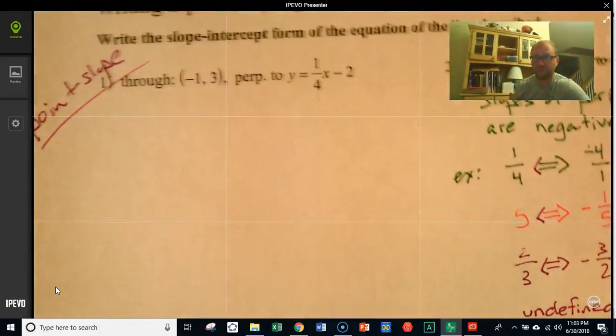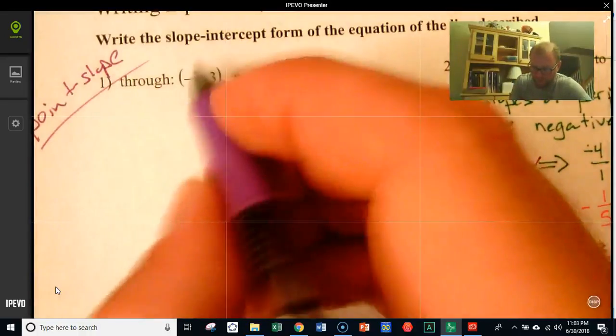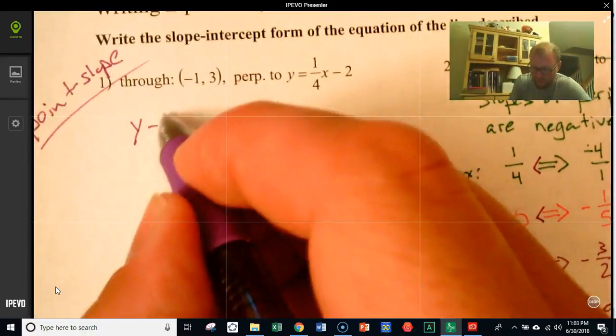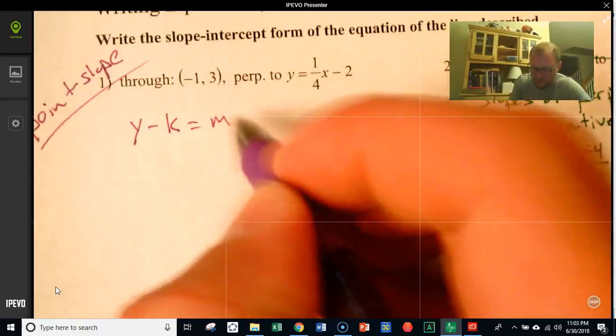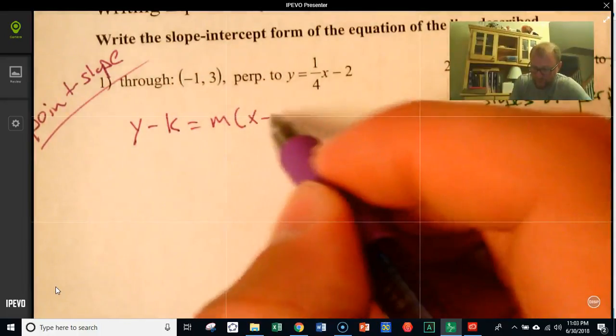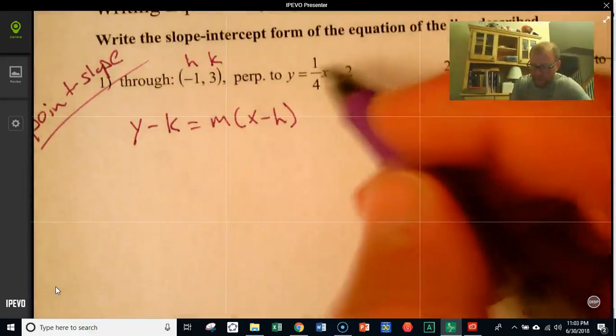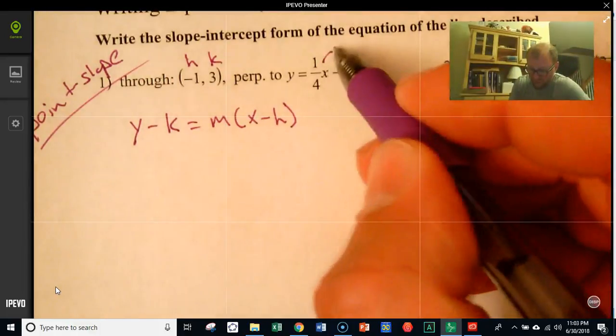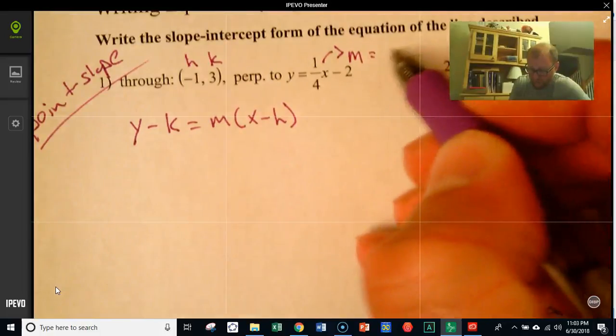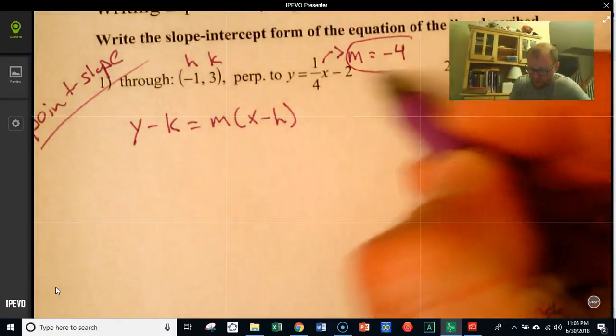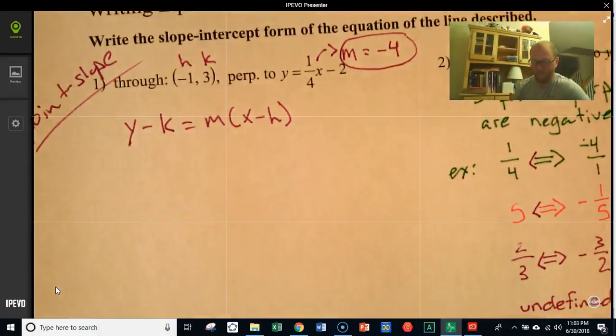Everything on this section is going to be point-slope. So our equation is y minus k equals m times x minus h. This is our h, this is our k, and in this case, m will be negative 4, because it's the negative reciprocal of 1/4.